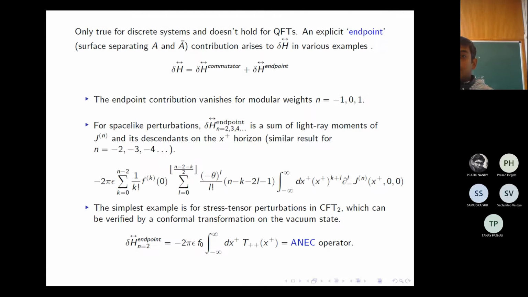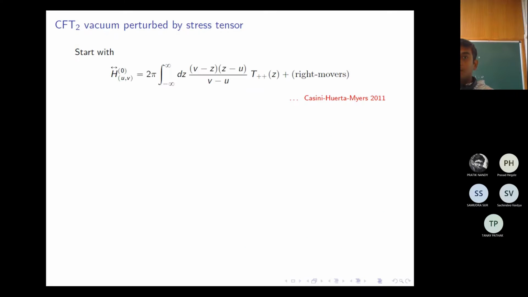So let's first try to convince ourselves that at least we have the correct result for the stress tensor perturbation, and it is actually very easy to derive, because if you change the state by a stress tensor perturbation, it is equivalent to doing a local conformal transformation. In this case, it is very easy to do, even for any finite subregion.